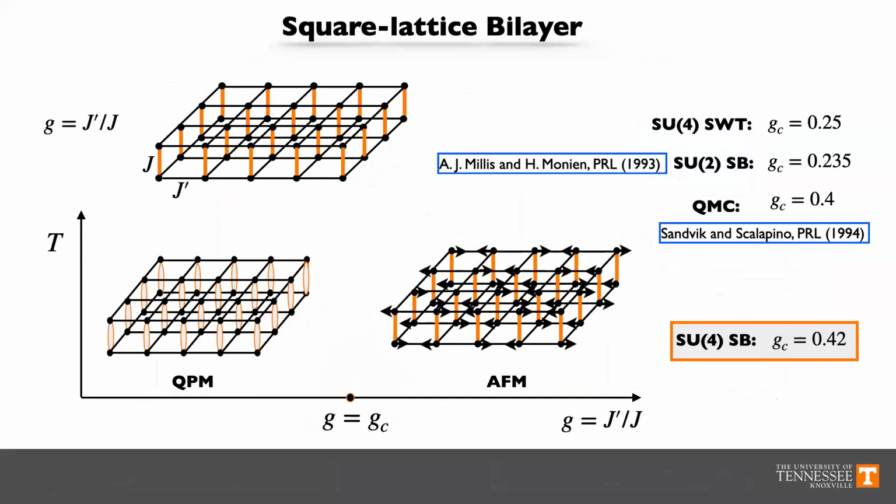Let's say that splitting is big. For the low energy theory, you would like to keep that 8-dimensional representation.